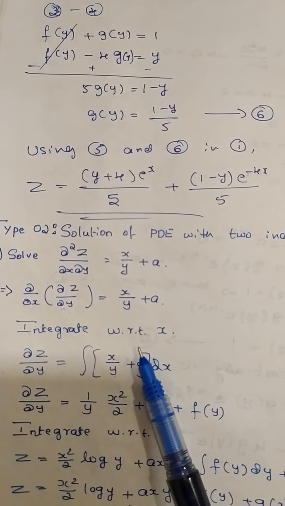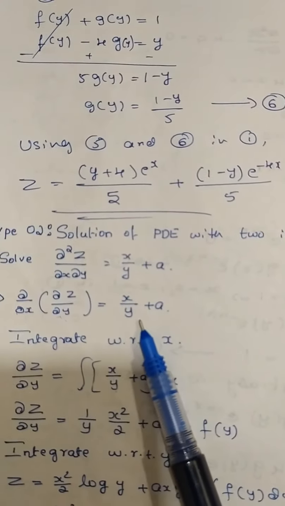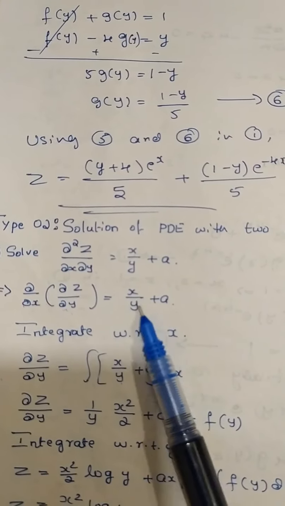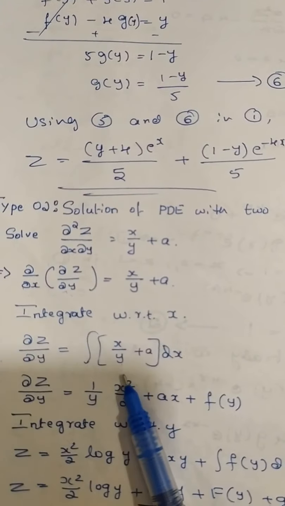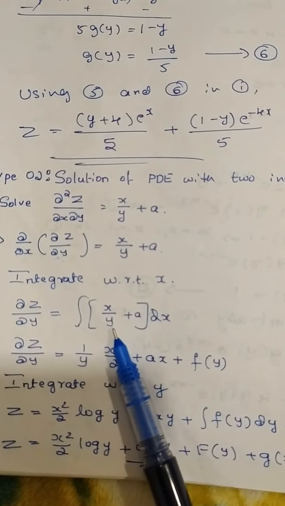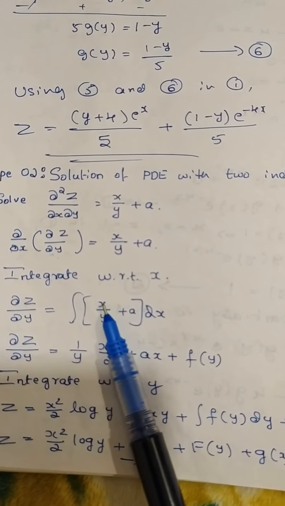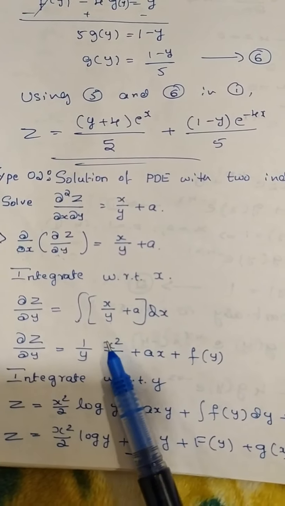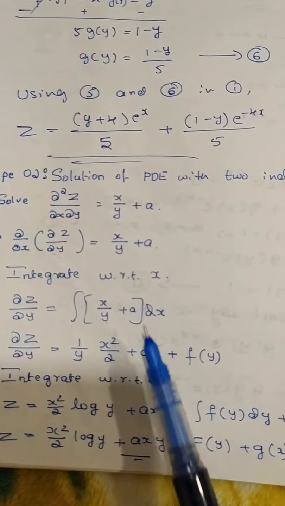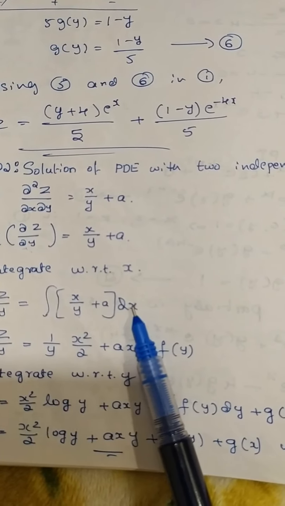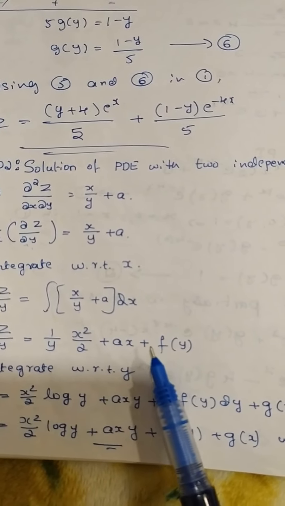Now come to the RHS. If you integrate x/y with respect to x, 1/y is a constant, so take it outside the integral. Integration of x with respect to x is x²/2. Integration of a with respect to x is a times x.